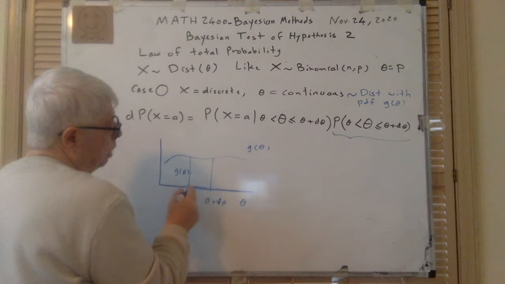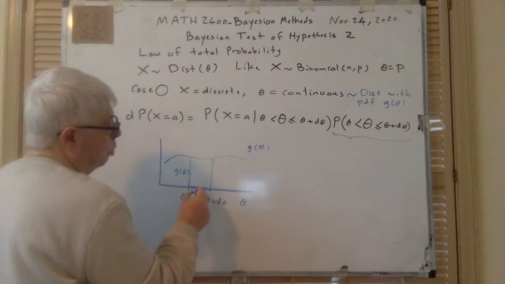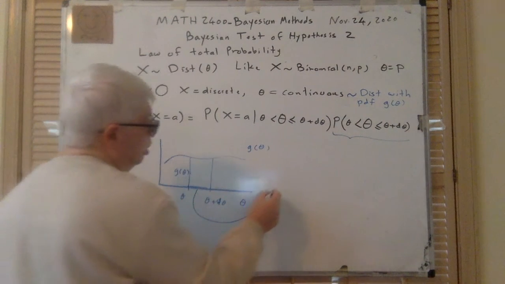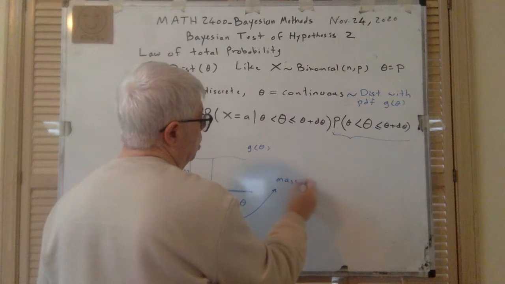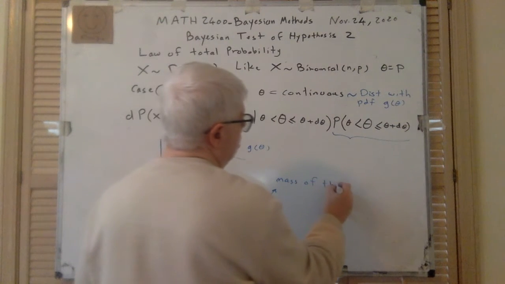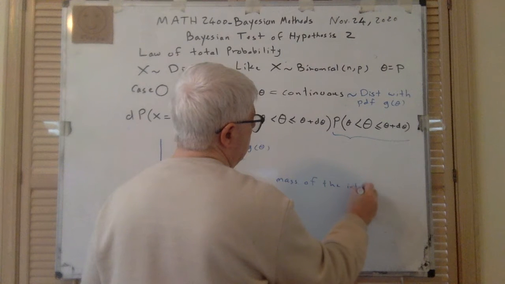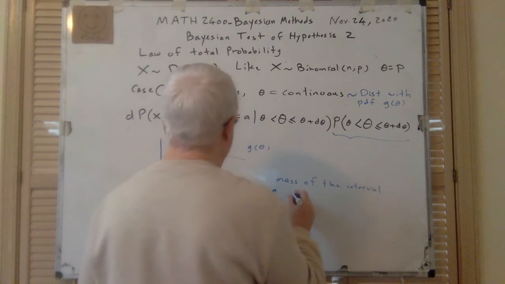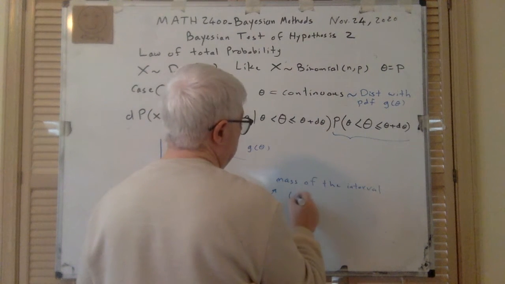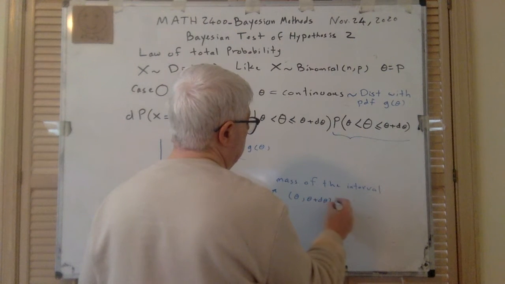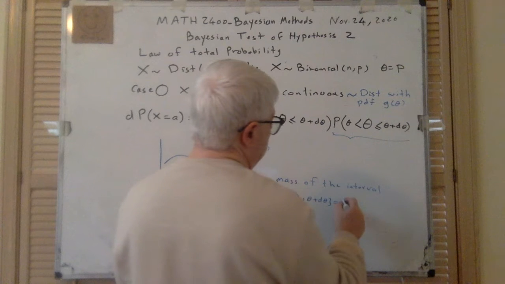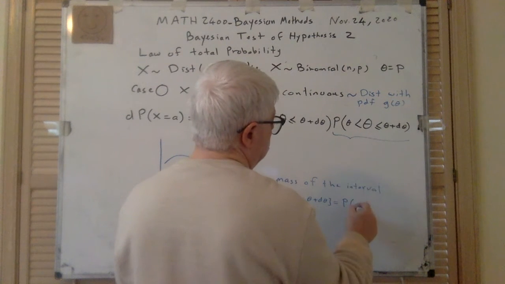So then I can say that the density of this small portion is g theta, and the mass of this interval, theta comma theta plus d theta, is in fact P of this.